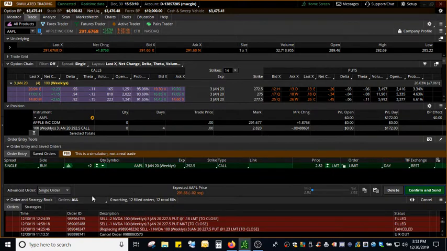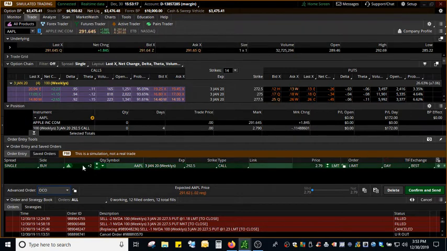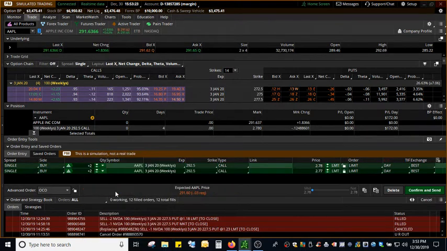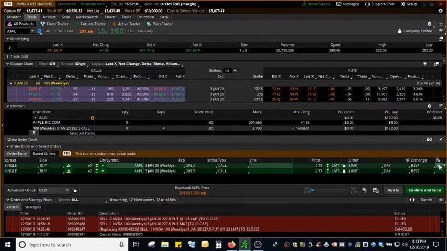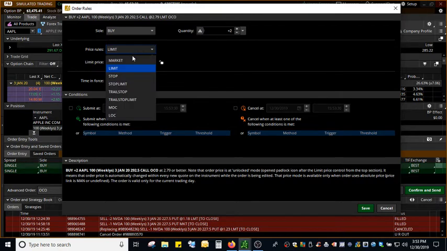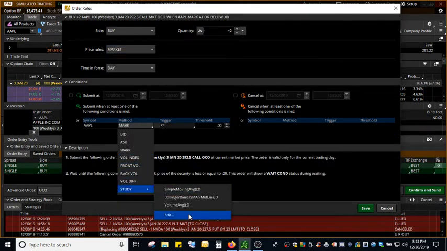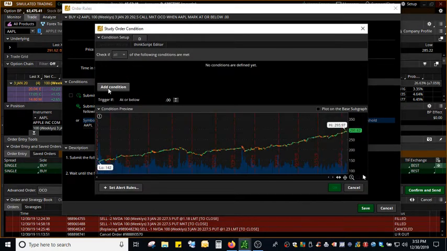To do an OCO order, and I really don't use them much, so I'll have to walk through it here. You come down here, single order, OCO, you right click and create duplicate order if you're setting a stop or target. And then you come over here and set one of these to, like I said, it has to be at market when you do this. We're doing a daily chart, let's just say it's daily.